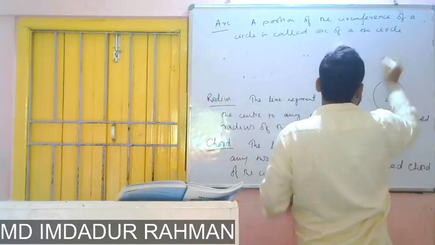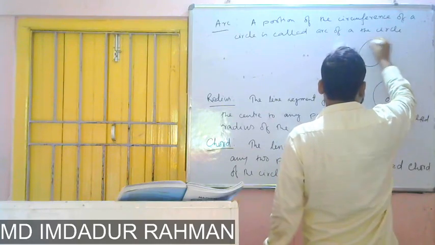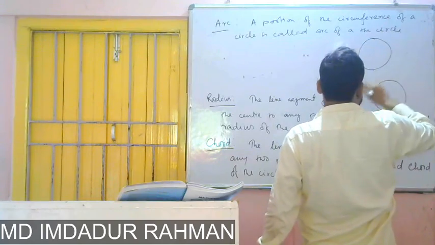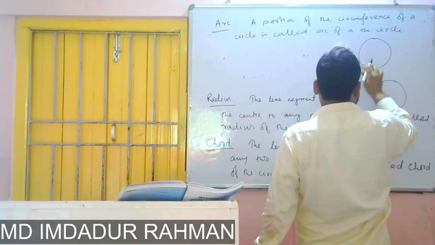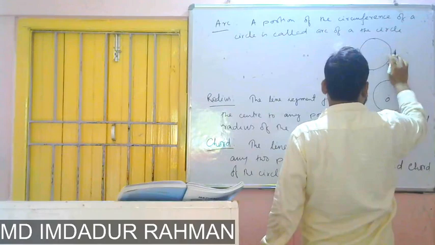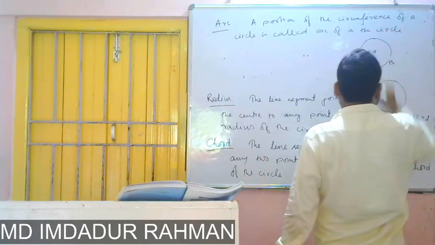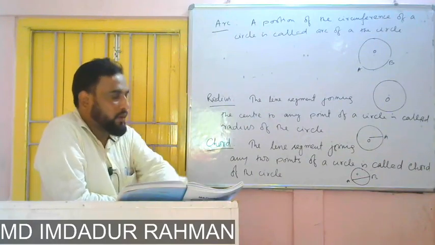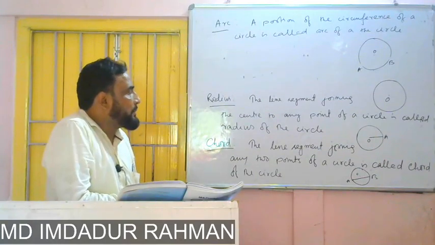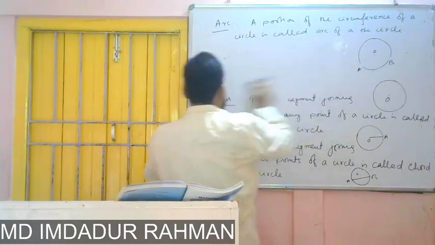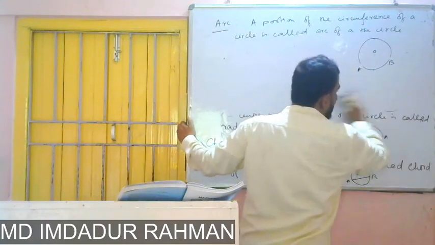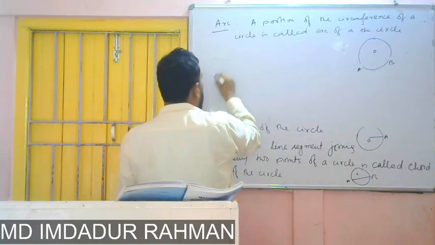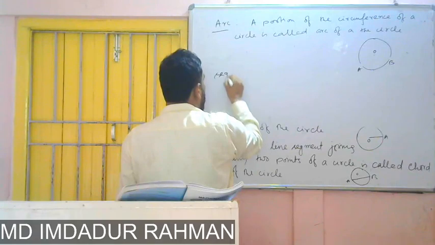Here this is a circle and A and B is the chord of the arc of the circle. Now segment. Write down these definitions in your notebook.